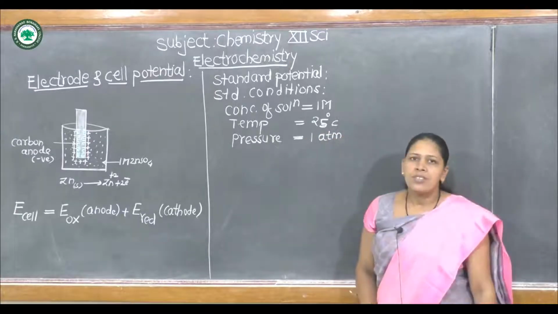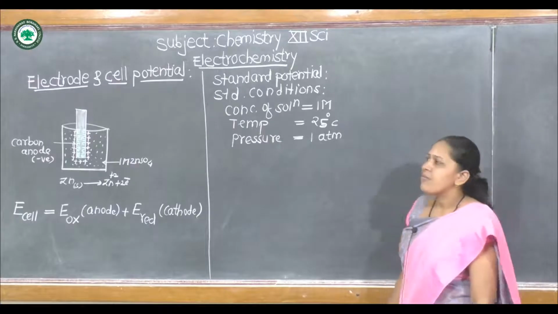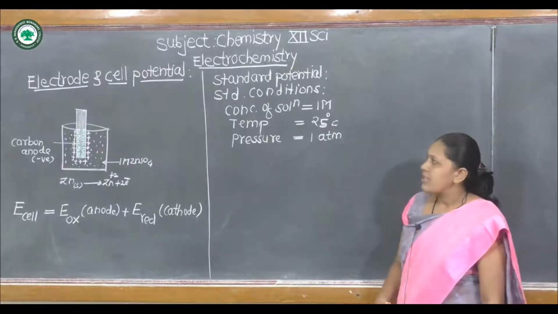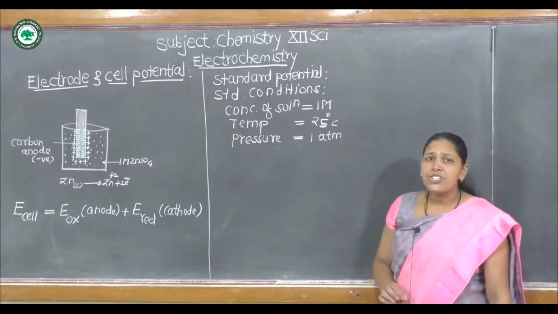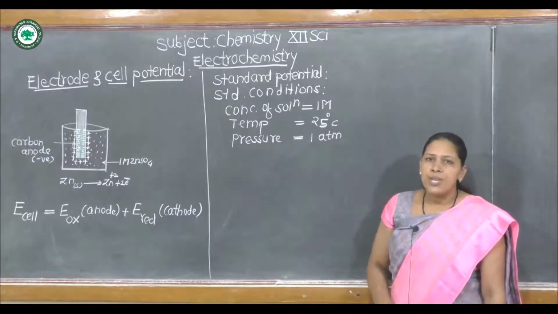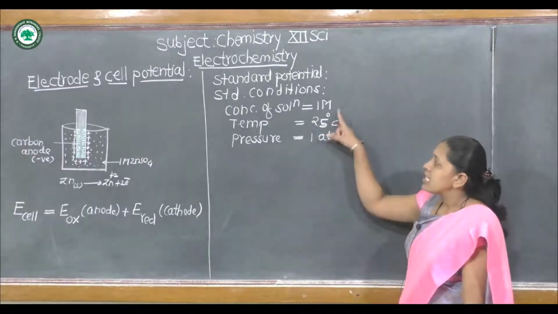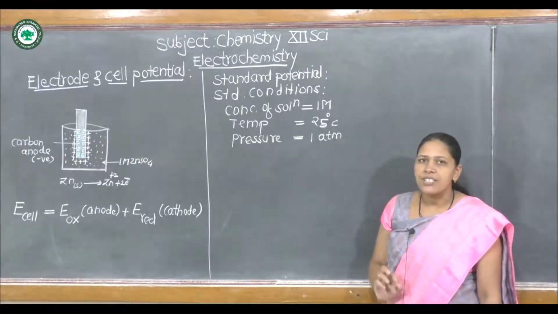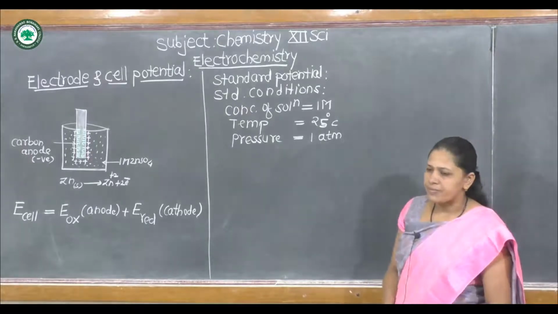These are the 3 standard conditions of concentration, temperature and pressure. Electrode potential measured under these standard conditions is called standard electrode potential.